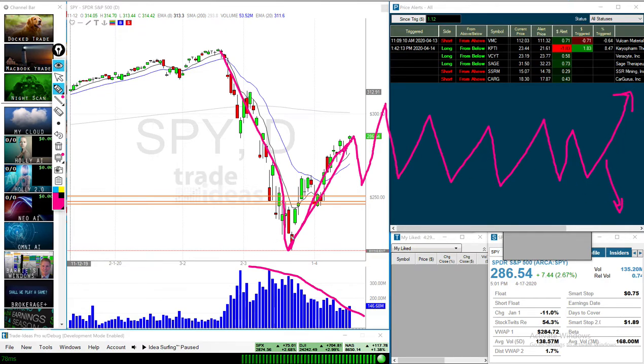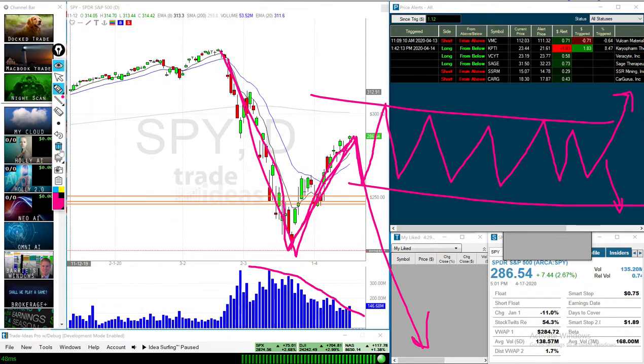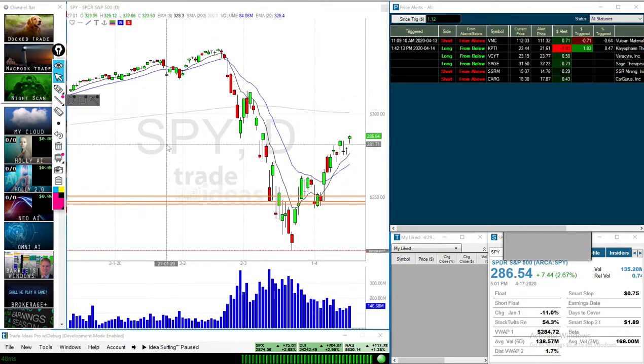But I don't think it's going to be as easy as sell off, bounce, and then sell off again, which is what a lot of people are thinking. I expect this chop sideways action for a while, which again for short-term traders is great. As long as there's volatility, then we're good. Two-sided action is good for us as well, so there's certainly no complaints there.